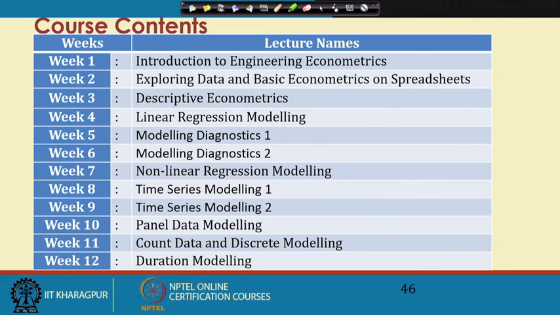Ultimately, I am bringing together the entire structure of this engineering econometrics before I conclude this particular session and this lecture series.